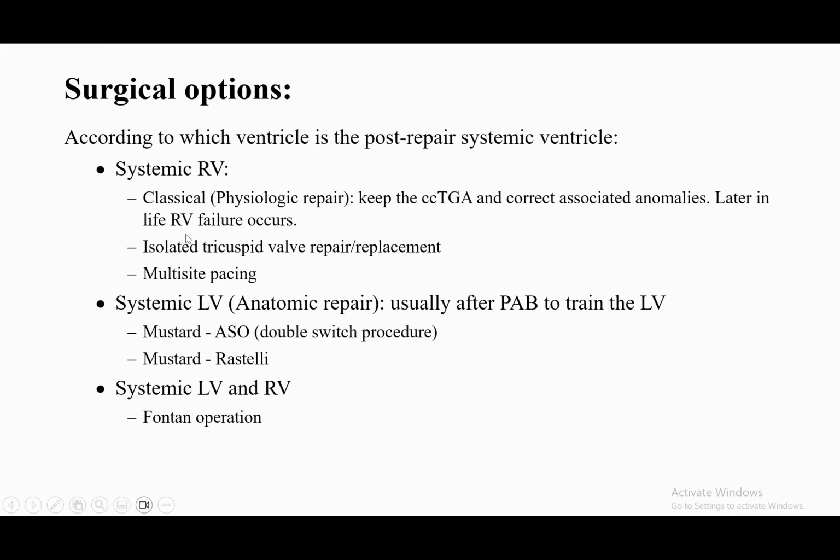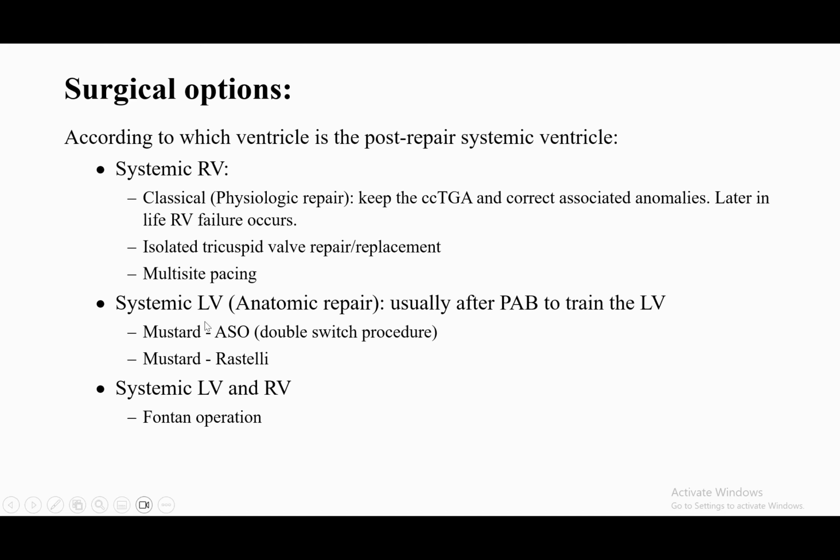Later in life, the RV failure occurs. Sometimes we may need tricuspid valve repair or replacement because the tricuspid valve anatomy is ill suited to withstand the high pressures of the systemic circulation. We may need multi-site pacing to improve the function. So in short, we just address the concomitant anomalies, but we do not address the ccTGA.